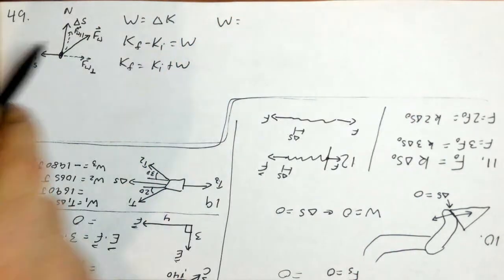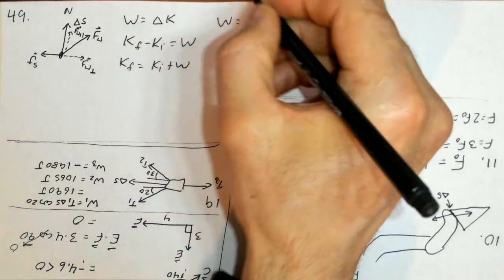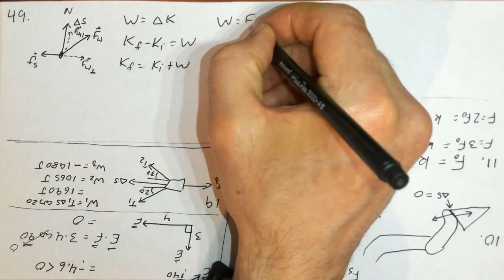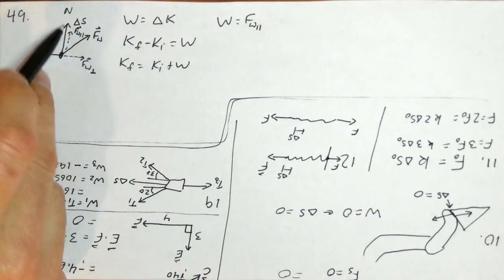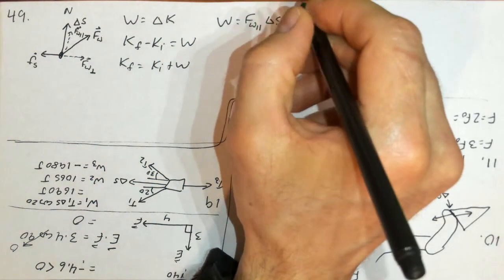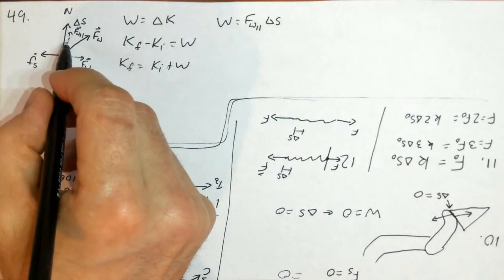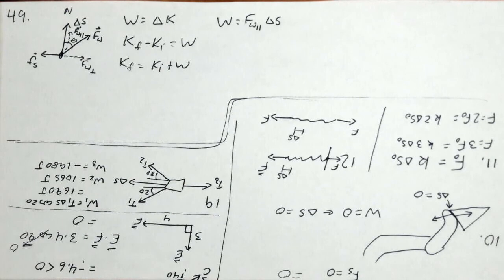So what is the work done by the wind on this ice skater? It's going to be the component of the force in the direction of the motion, which I've labeled as F_W parallel. It's the piece parallel to delta S, times delta S. And just so you know, northeast means 45 degrees east of north.